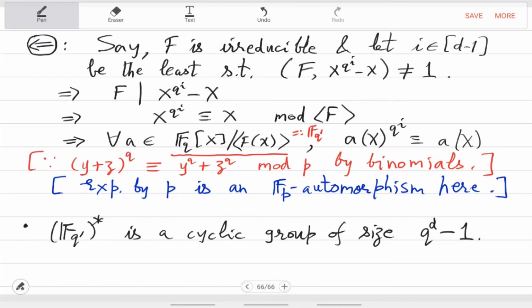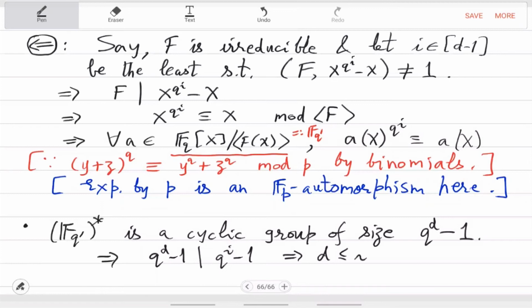Every element here satisfies this q to the I trivial Frobenius action, so it means that the generator as well. A generator has order q to the d minus 1. So q raised to d minus 1 has to divide q raised to I minus 1. In particular it means that d is less than or equal to I, but that is not possible.